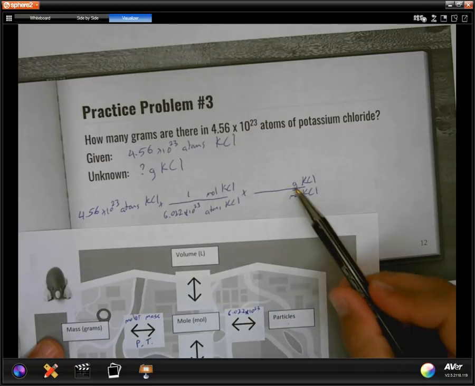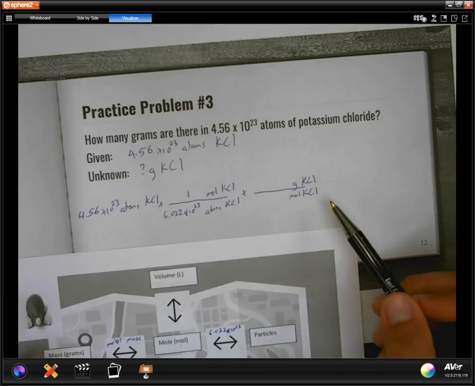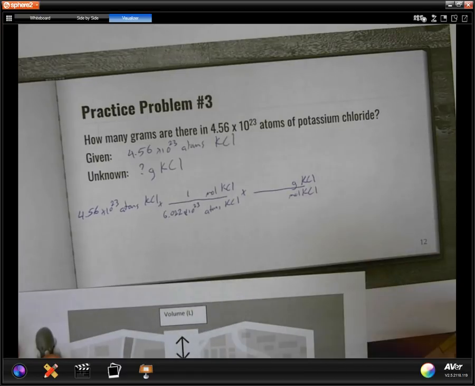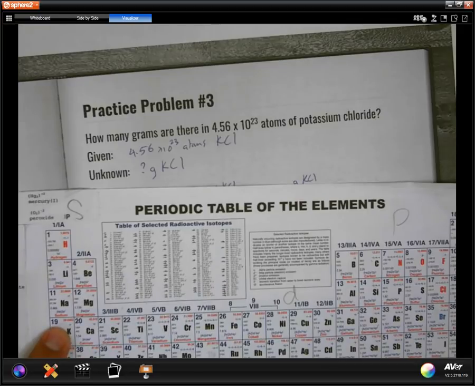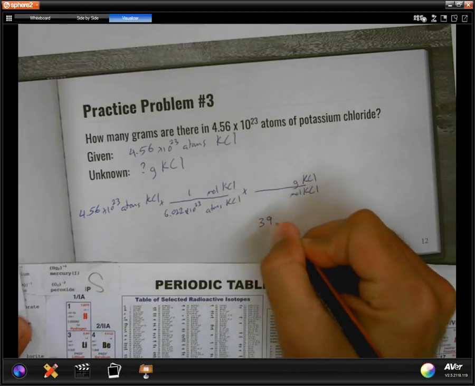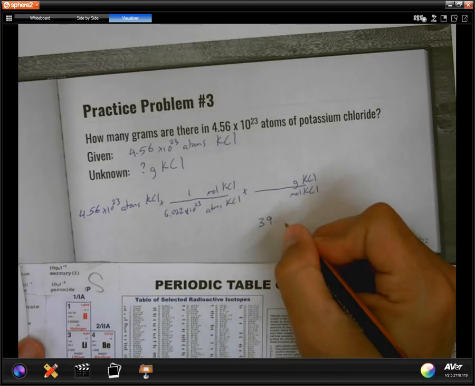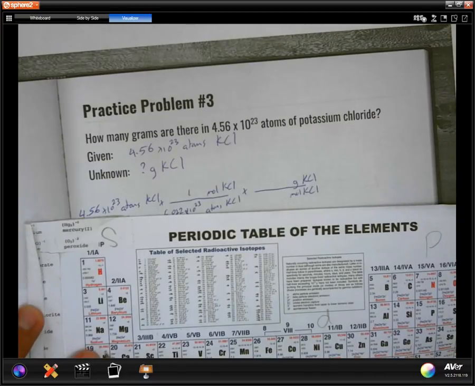One mole of potassium chloride weighs how many grams? Here's where you go back to your periodic table, and you see that potassium is 39.0983. For the purpose of this class, to keep it nice and simple, we'll call that 39.10. I simply took the number on your periodic table and went to 2 decimal places.